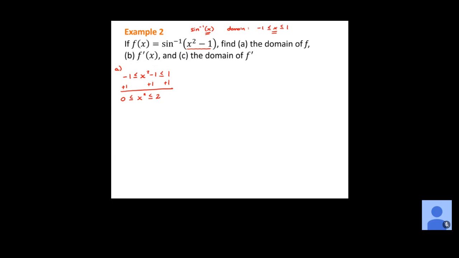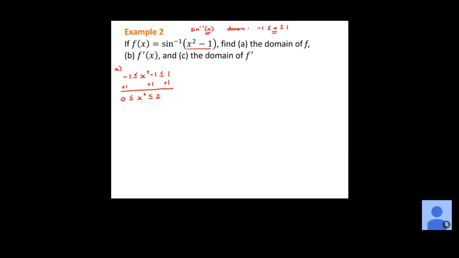And then we can do what? Yeah, and if we take the square root here, this is where we have to be careful. When we take the square root, you can't just say the square root of 0 is less than or equal to x is less than or equal to the square root of 2, or plus or minus, technically, right?